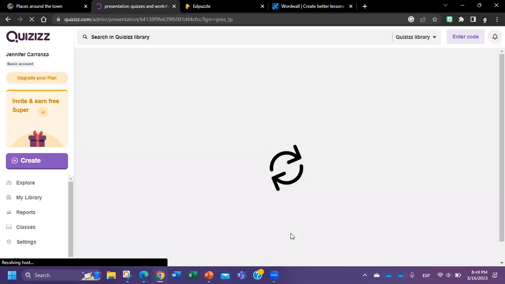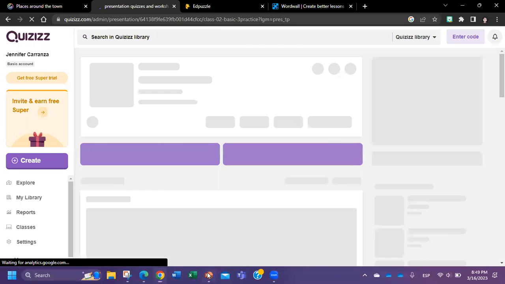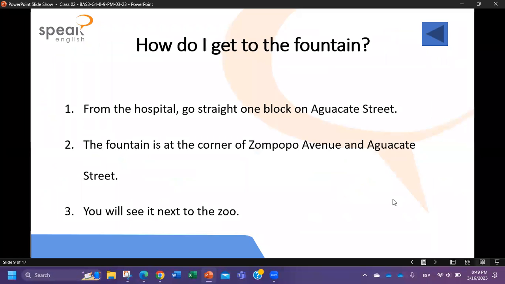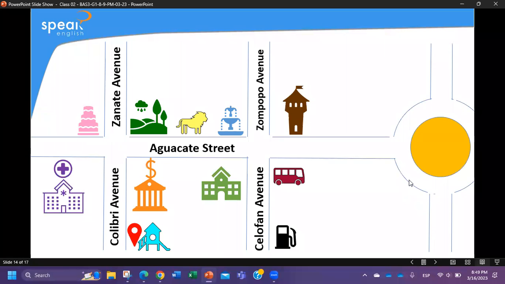Okay, so I'm going to stop it because I want to show you the next part. Perfect. For example, let's pretend we are doing this. This was the last one, okay? I'm going to be typing in the chat so you can see how we are going to be doing this.